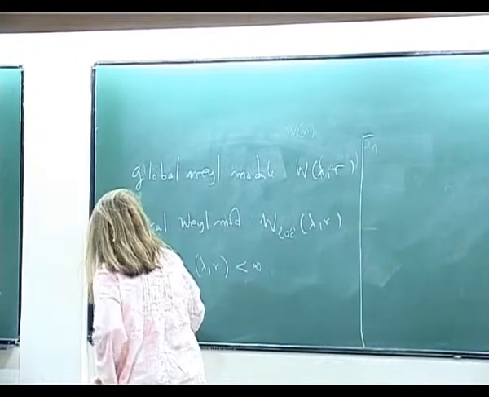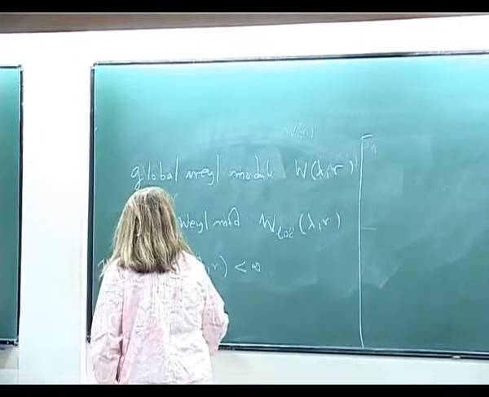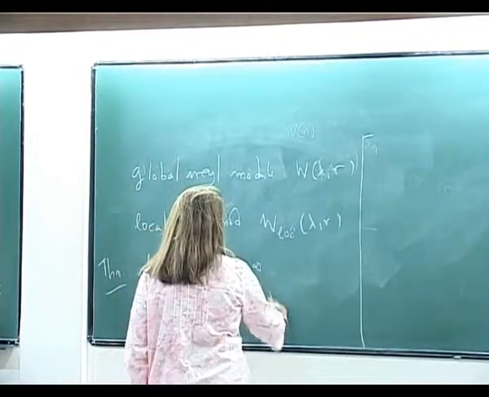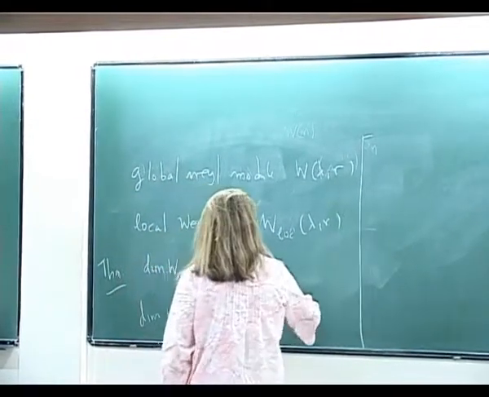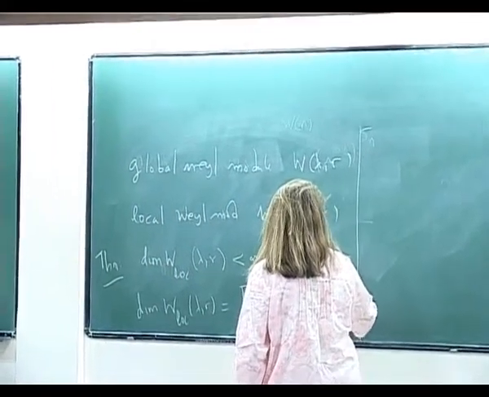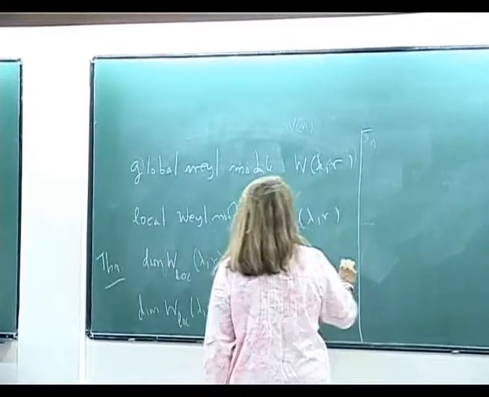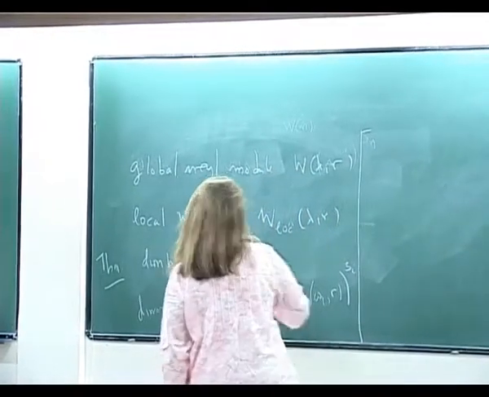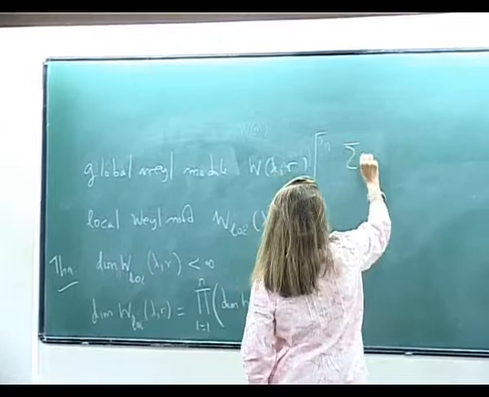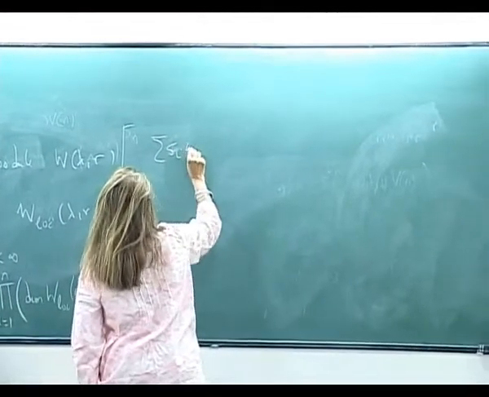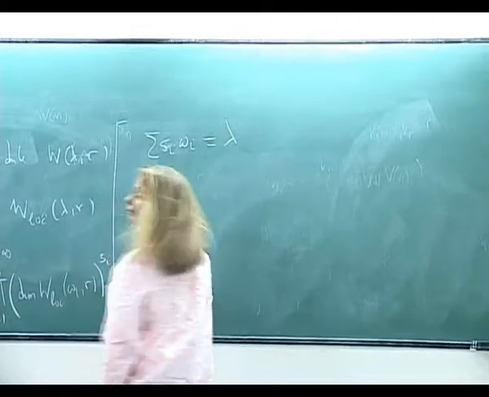The dimension of W log lambda R is equal to the product of the dimensions of W log omega i R, all raised to S i, i equal to 1 to n, with the sum of R i S i omega i equal to lambda.